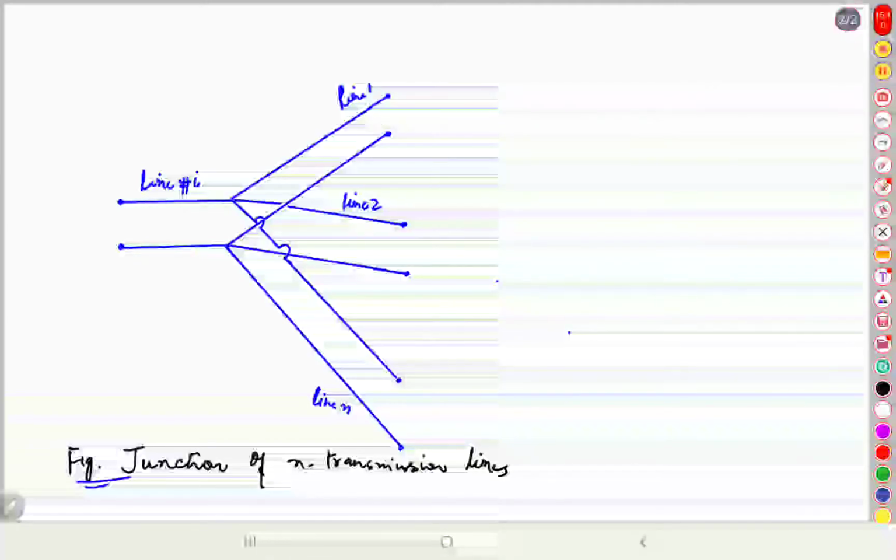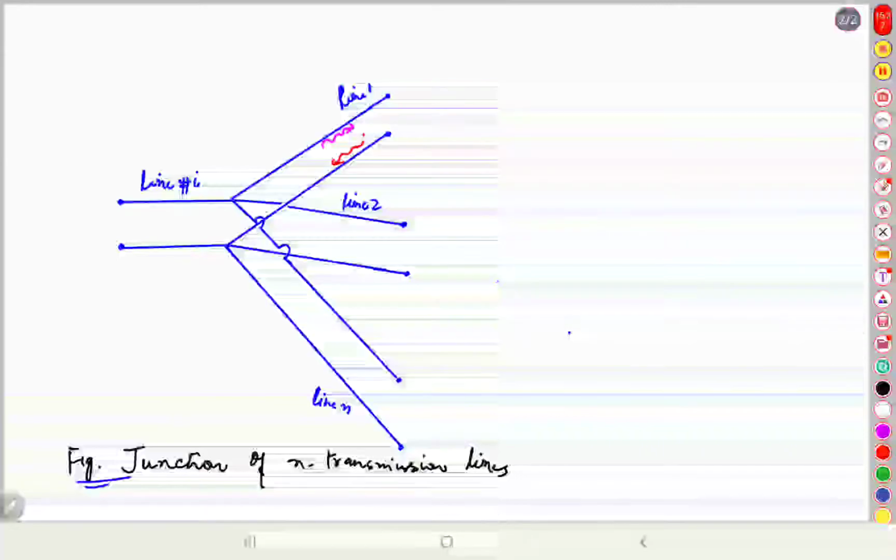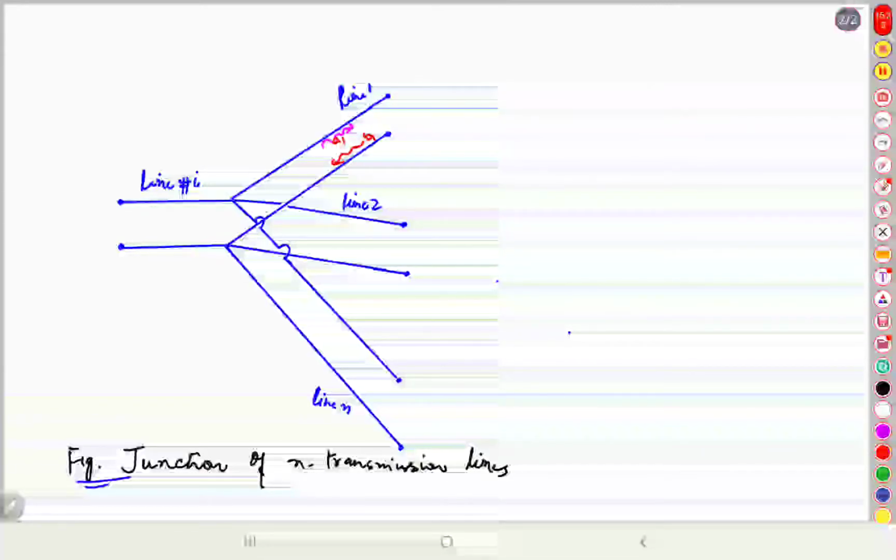So at line number 1 I have A1 as the incident wave and B1 as the reflected wave. Likewise at line 2 I have A2 as the incident wave and B2 as the reflected wave.